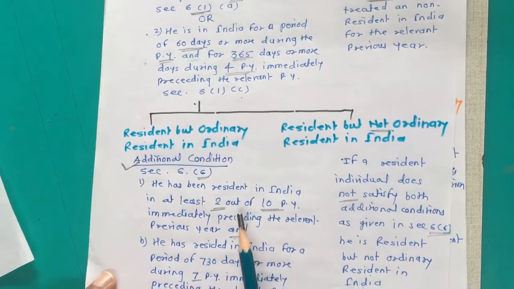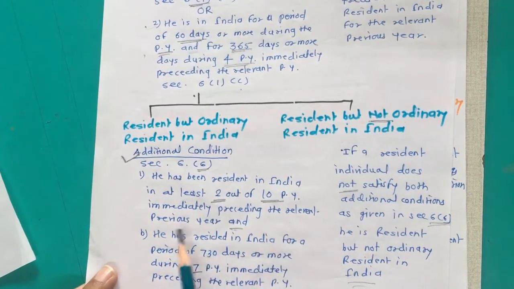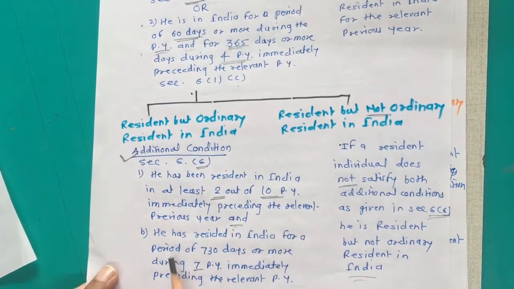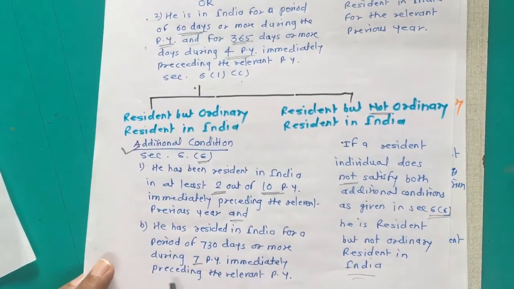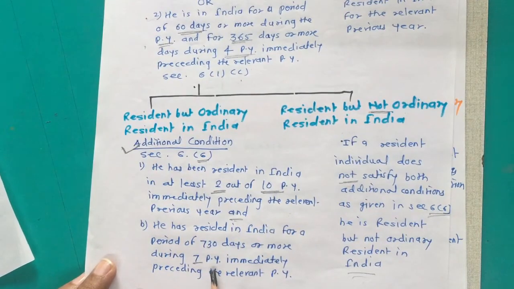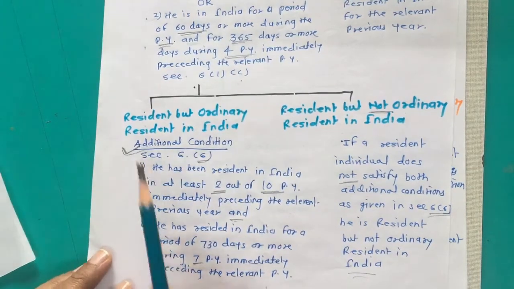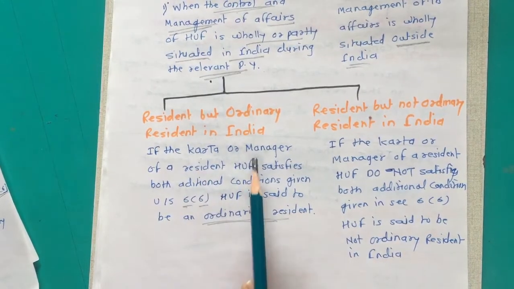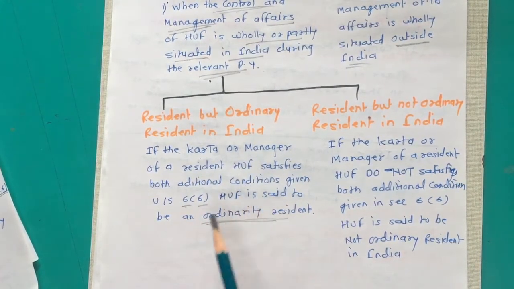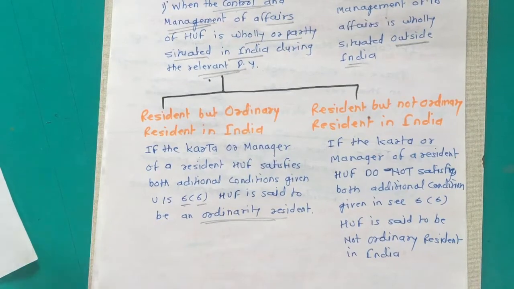He has been resident in India for at least 2 out of 10 previous years immediately preceding the relevant previous year, and he has resided in India for a period of 730 days or more during 7 previous years immediately preceding the relevant previous year. If these additional conditions are satisfied by the karta or manager of a HUF, then it is treated as resident and ordinary resident in India.